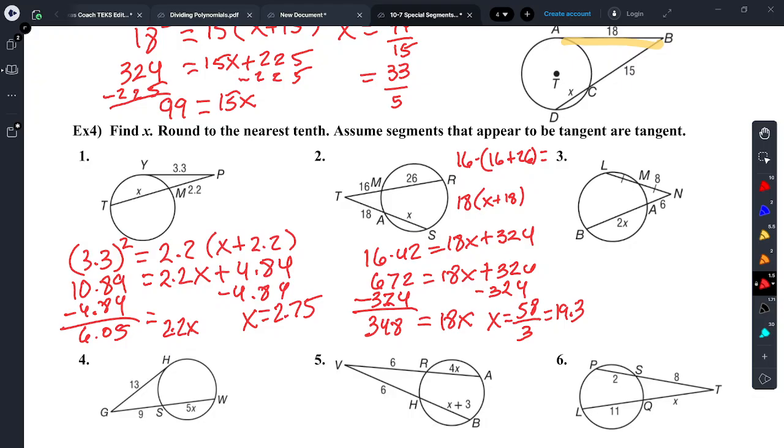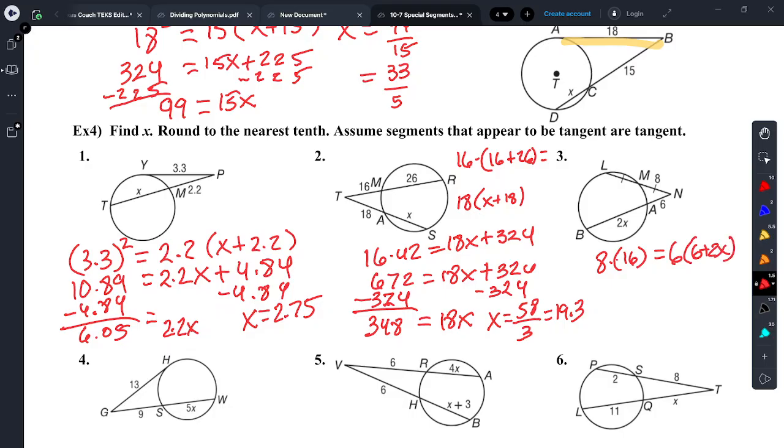And I'm not going to solve number 3, but I will set it up. How long is LM? LM is 8, right? Because those pieces are equal. So it's going to be 8 times 16 is equal to 6 times 6 plus 2x, or 2x plus 6. And then just solve it.